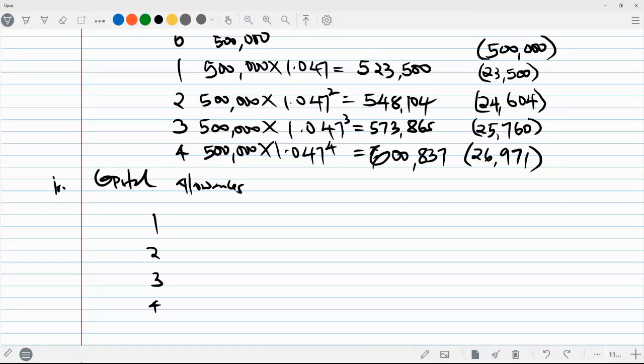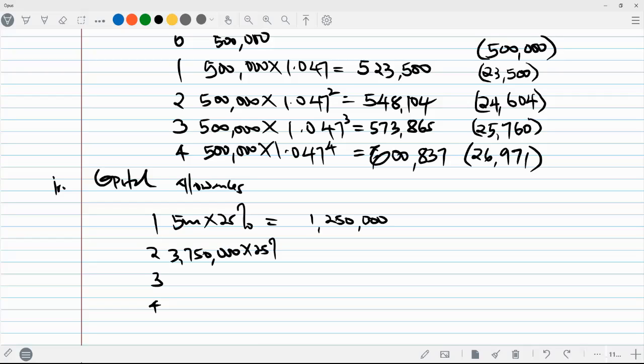The cost of this investment is 5 million. Therefore, 5 million times 25% gives us 1,250,000. Then the balance is 3,750,000, times 25%, which gives how much? 937,500.